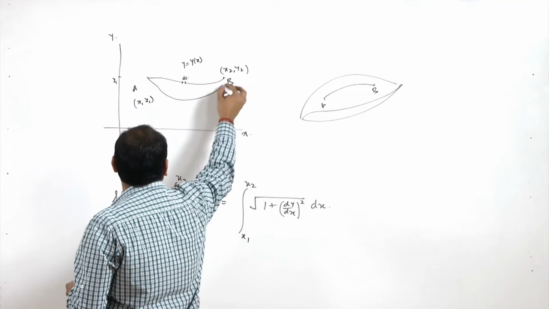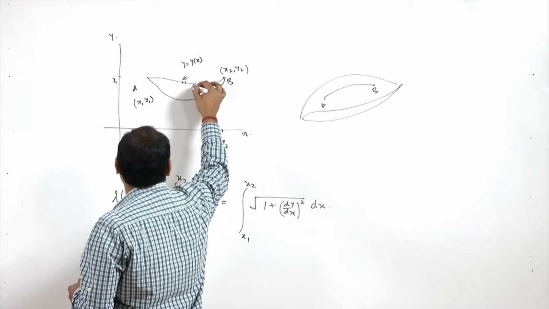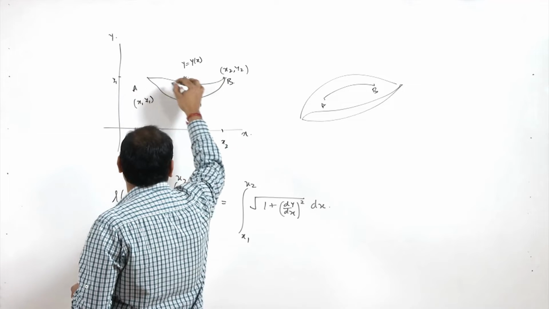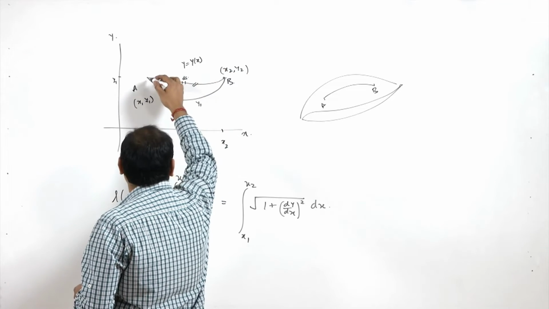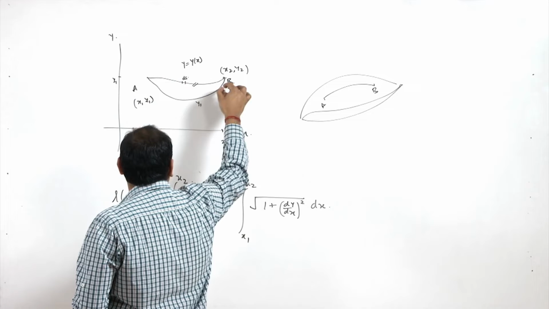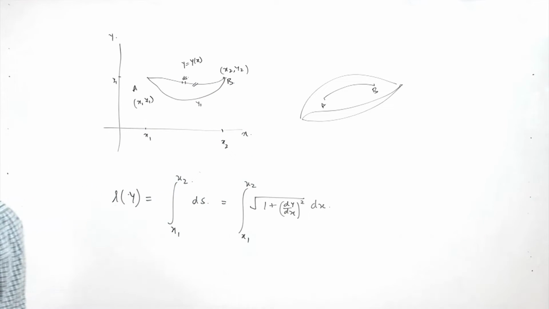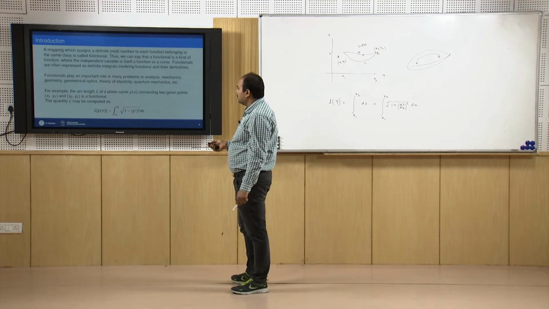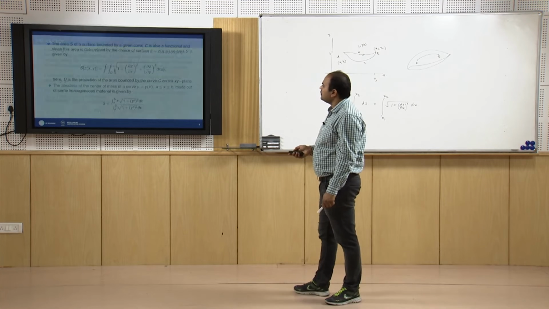So if this is y and this is y1, we have a length of the curve connecting through this curve, and another length if we use y1 as the curve. So we can say that this L of y is a function of the variable y, which is itself a function of x, so this is a functional.